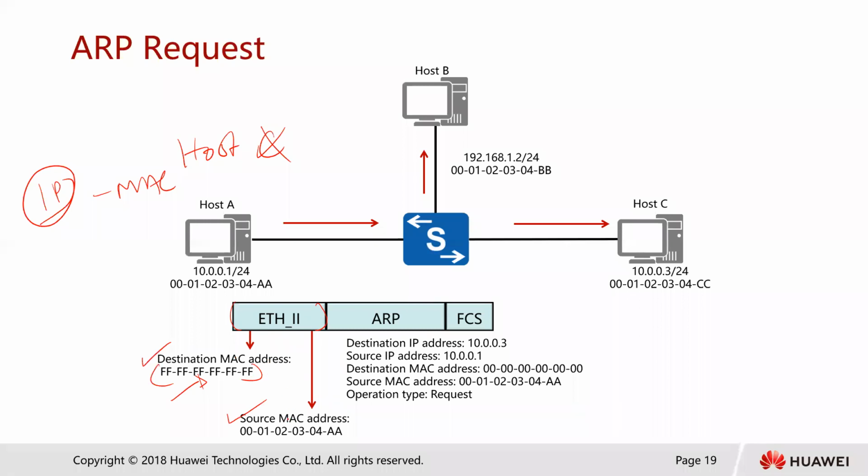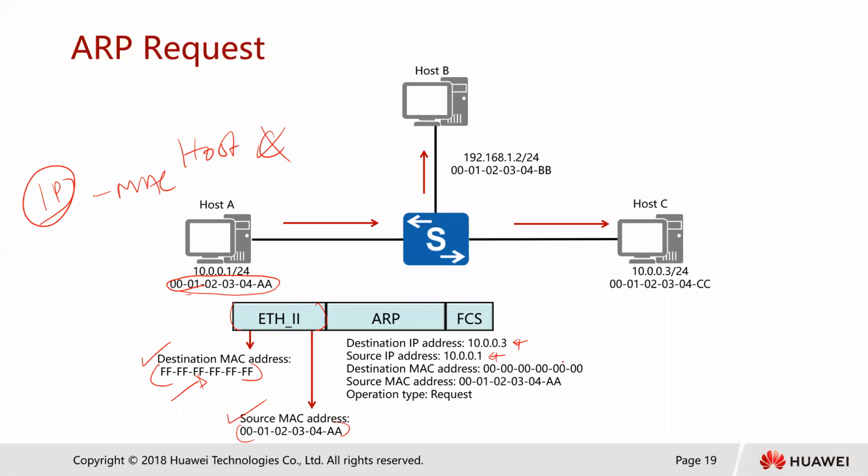So we put there a broadcast. And our source MAC address, we know it because it's our computer. This is our source MAC address. So we are happy and we know our MAC address, but we don't know the destination MAC address. We know the IP address of the guy which we want to send to, but we don't know where he's seated. We don't know which host number. And we have our source IP address.